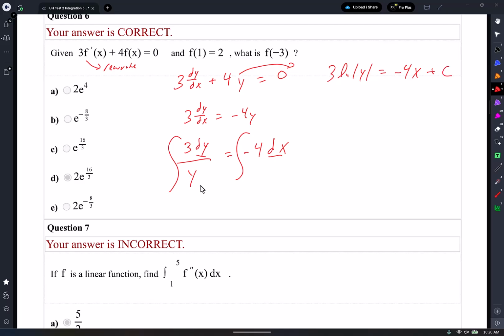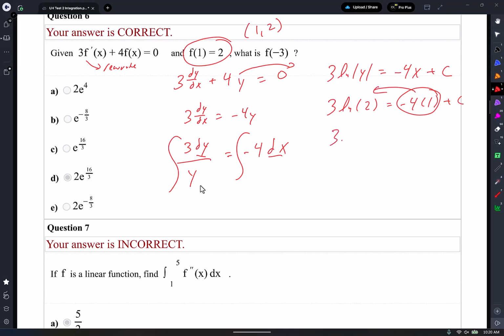Depending on your professor, they might tell you to get a general equation and then from the general equation, solve. I like to solve right here. So I see that point as (1, 2), and I'm just going to plug in. So 3 ln of 2, I got rid of the absolute value because 2 is positive, equals negative 4 times 1 plus c. We still okay? So this is a negative 4. I'm going to move it to the left.